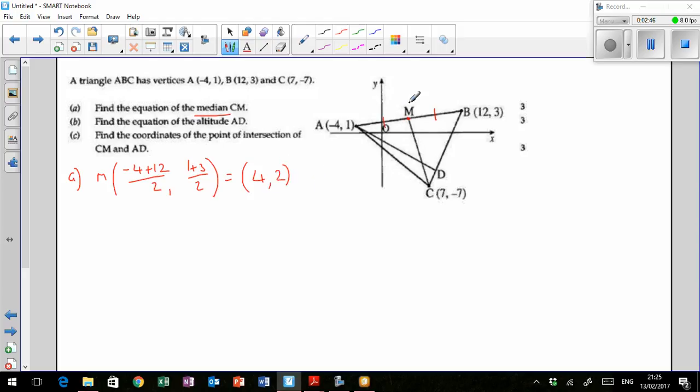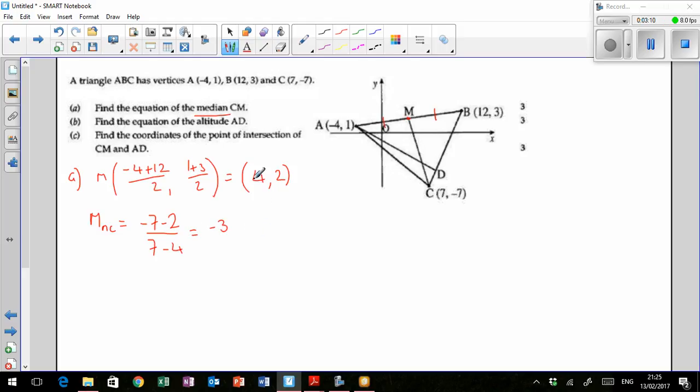Okay, then we've got these 2 points now, so we can get the gradient of that line. So the gradient of MC, remember to be very clear about what you're finding the gradient of. And that's going to be negative 7 subtract 2 over 7 subtract 4. So that's negative 9 over 3, so it will be negative 3 for that gradient.